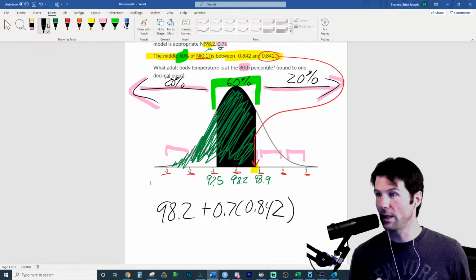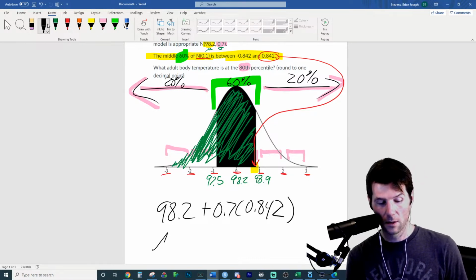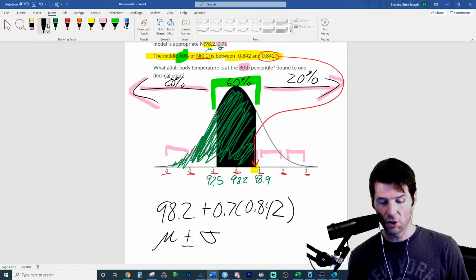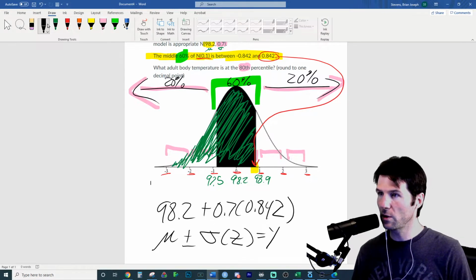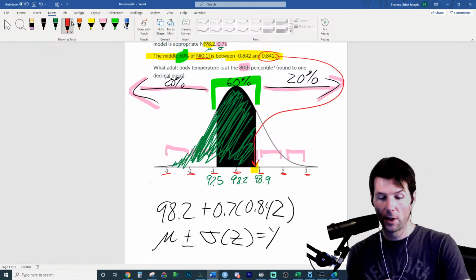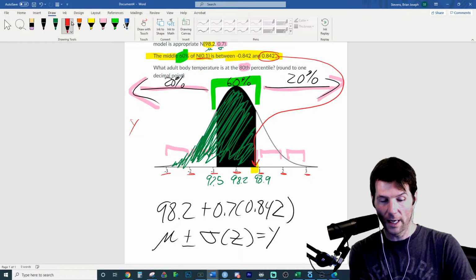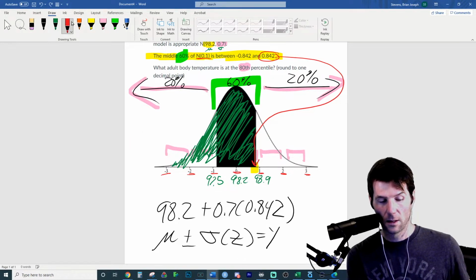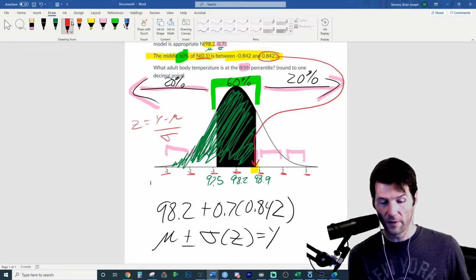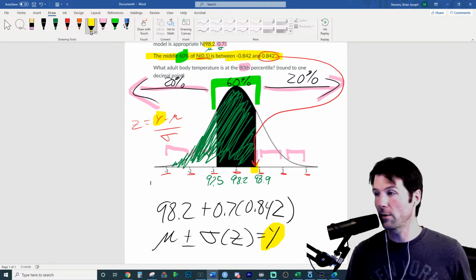All you're doing is adding to the mean: the mean, plus the standard deviation times the z-score, and from this, you're finding the observation. So it's a reversal of our formula we did before, where z-score equals observation minus mean over standard deviation. So now we're just solving for the value of y right here.